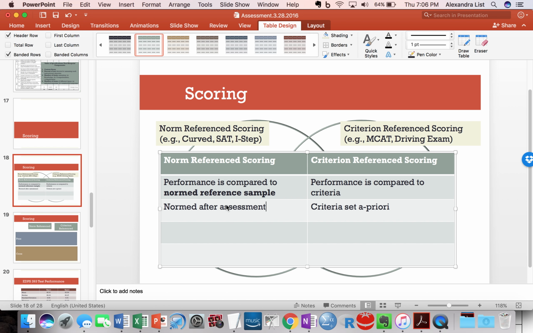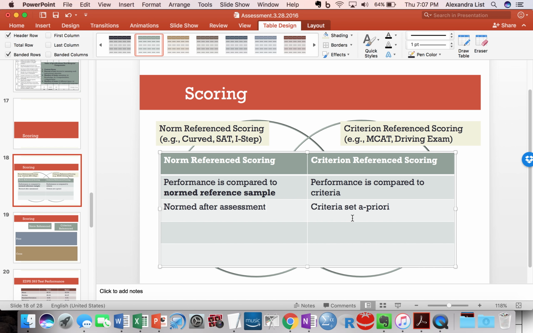In other words, before you actually take the test, and the normed sample does too, I can't really tell you how you're going to do. So in the case of norm referenced scoring, the score is assigned after everybody takes the test, whereas the criteria are set out a priori.